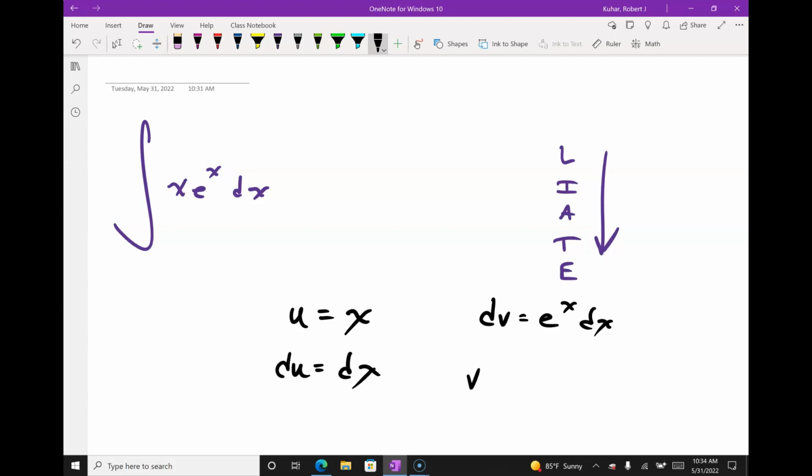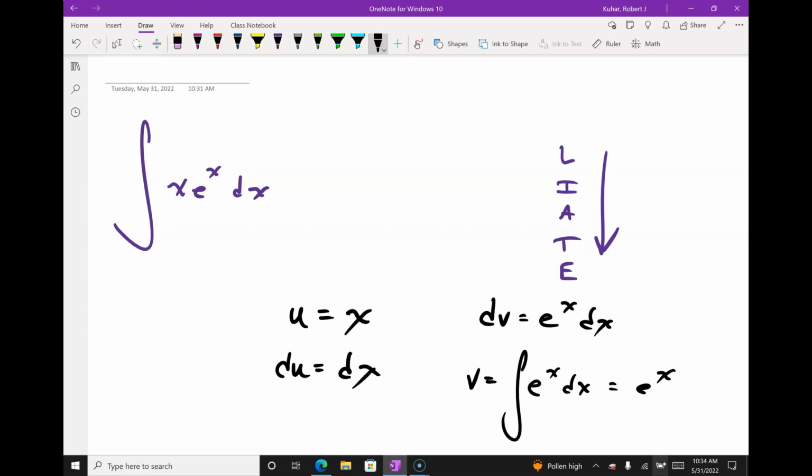I want to find v, and that is the integral of e to the x dx, which is just e to the x. We don't care about the plus c version here. And I guess I should have put plus c at the end of my last problem. When I did the integral of ln of x, it should have been x ln of x minus x plus c. But when I'm doing this process, I don't bother with the plus c until the end.